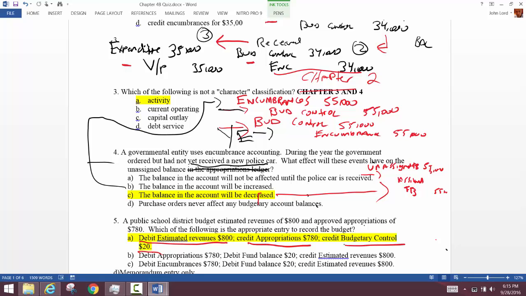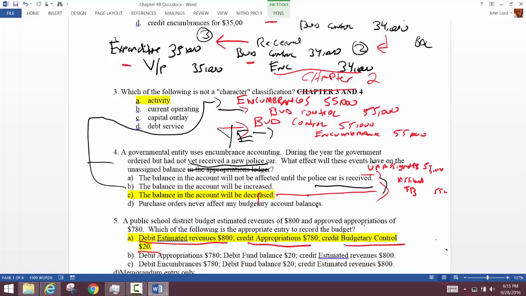So since this truck hadn't come in, we debit the budgetary control, we credit the encumbrance for $55,000, and then we set up a fund balance, and I'm assuming that fund balance is assigned. So we credit the assigned fund balance for $55,000, so the world knows that we have this police car that's going to come in, and we debit unassigned fund balance for $55,000 to show that that money's being set aside, right?